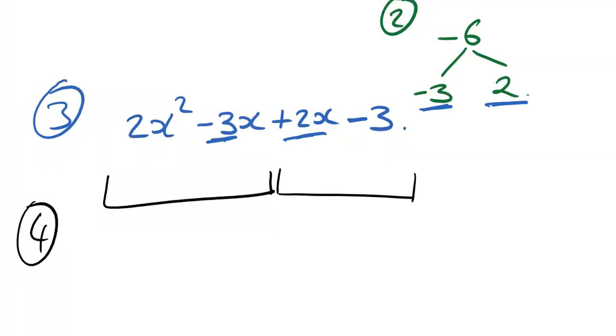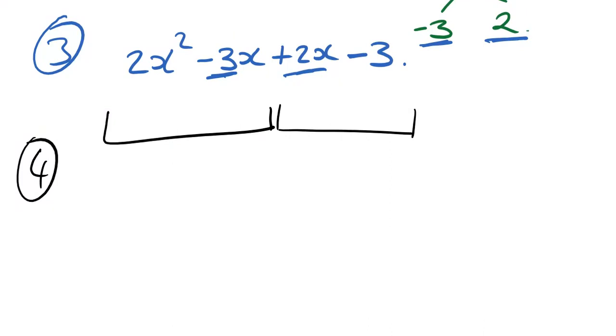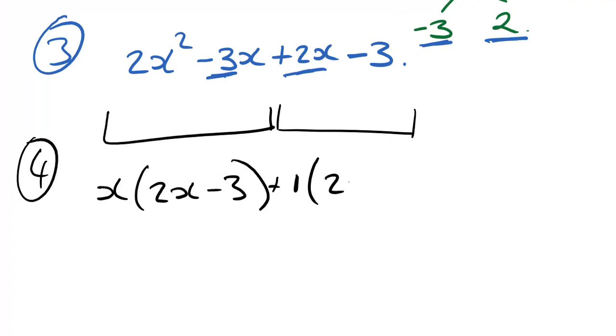If I look at the left-hand side, I can take out a factor of x: x bracket 2x minus 3. Now, on the right-hand side, the 2x minus 3, there doesn't appear to be anything that I can really take out. So if that's the case, I'm going to take out a 1 and just rewrite it as 2x minus 3 multiplied by 1. That keeps it exactly the same.